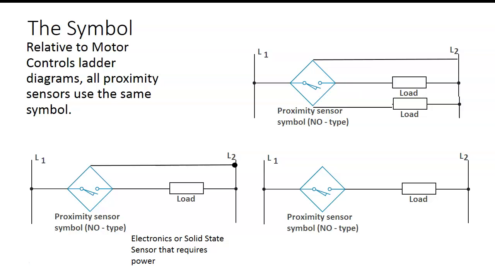When I bring it into a PLC, right off the bat I'm almost out of the limit. So these sensors are powered. These are 3-wire sensors. We'll have one wire that connects directly to L1, another that connects directly to L2 or power, and then we have an output on our load.